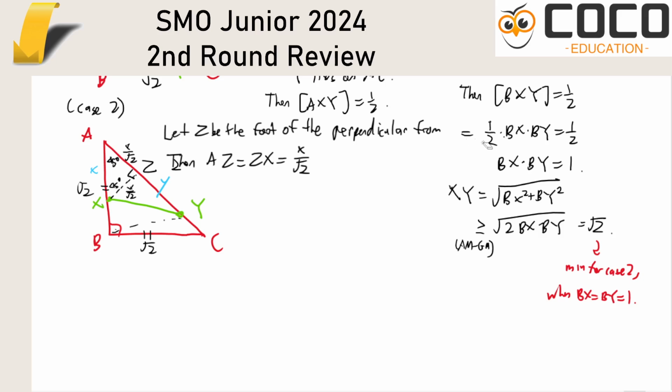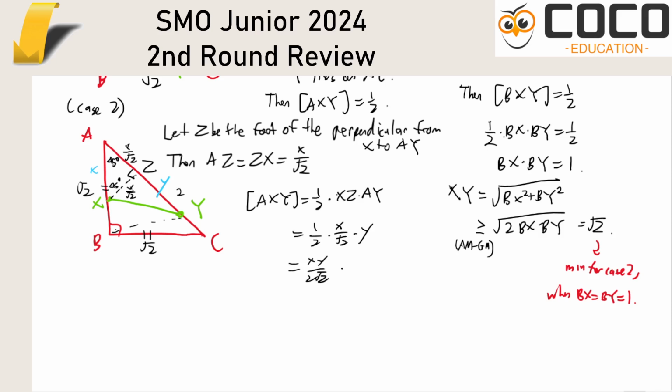Okay, so Z, the foot of the perpendicular from X to AY. So this is actually going to be much shorter if I write it like this. That's why I want to change it a bit. So again, xy equals square root 2 is still true, but now I can also have an expression for XY.